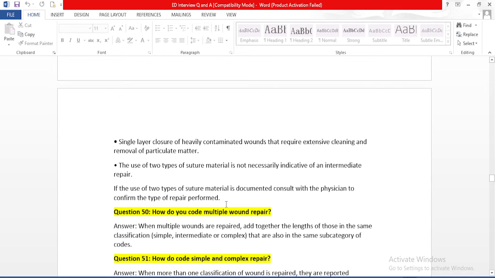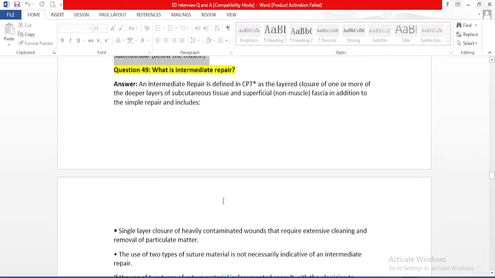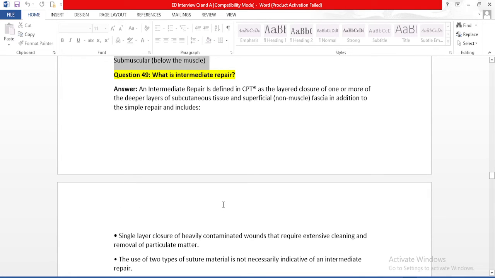The use of two types of suture material is not necessarily indicative of intermediate repair. If the use of two types of suture material is documented, consult with the physician to confirm the type of repair performed. In order to code intermediate repair, the physician needs to perform the layered repair of the laceration or wound.